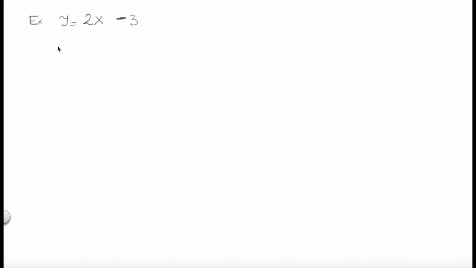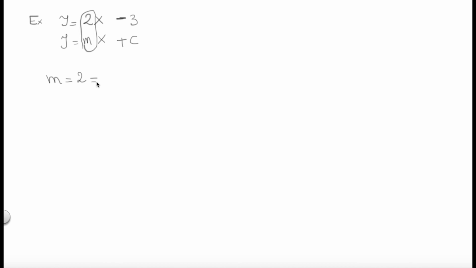For us to make very easy and quick analysis, let us put below this equation the general form. So y equals mx plus c. As we know before, m is the slope, rise over run, so we could see that m is equal to 2.